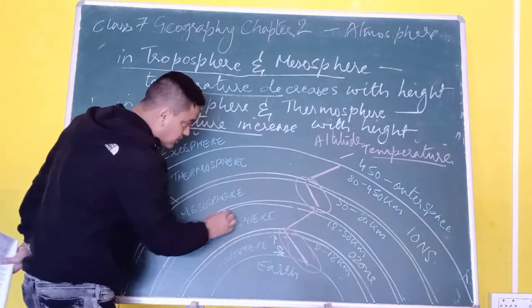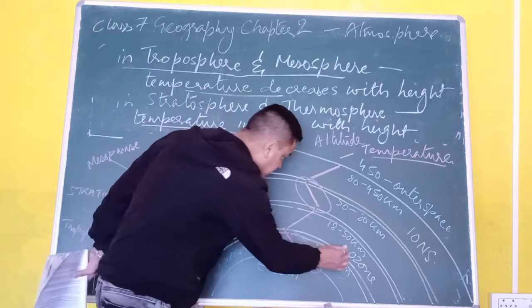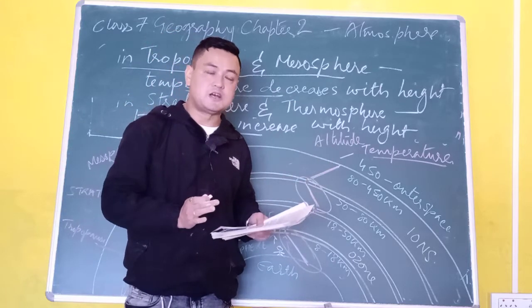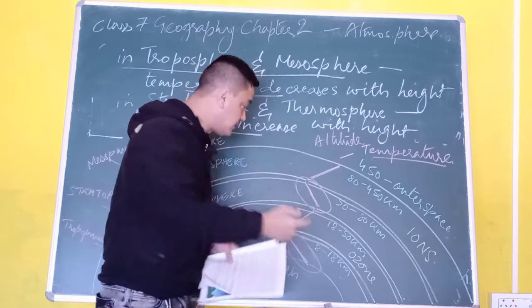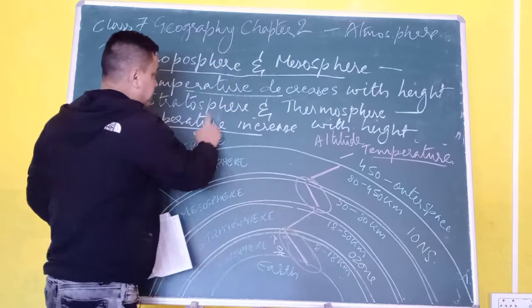But in the stratosphere and thermosphere, you don't find the same. In the stratosphere, there is the ozone layer. The ozone layer protects our earth from the harmful rays of the sun. It absorbs the heat and this layer becomes a little bit hot or warm. Therefore, temperature increases.